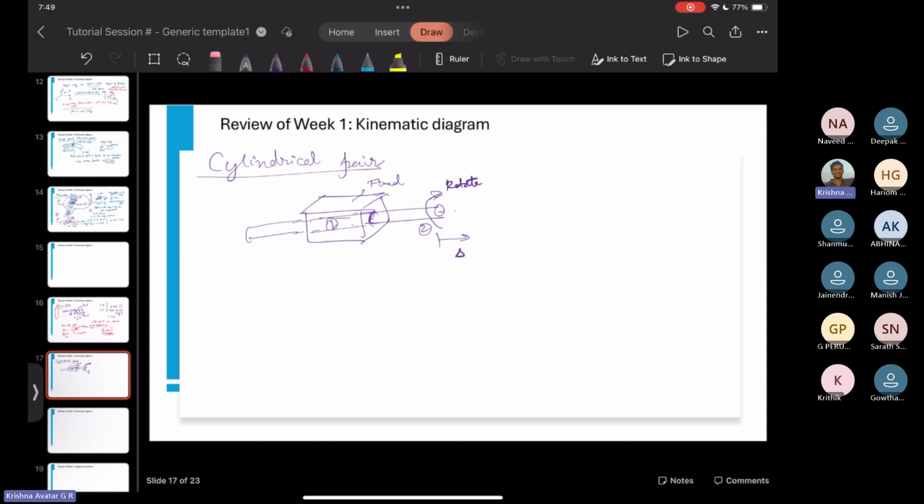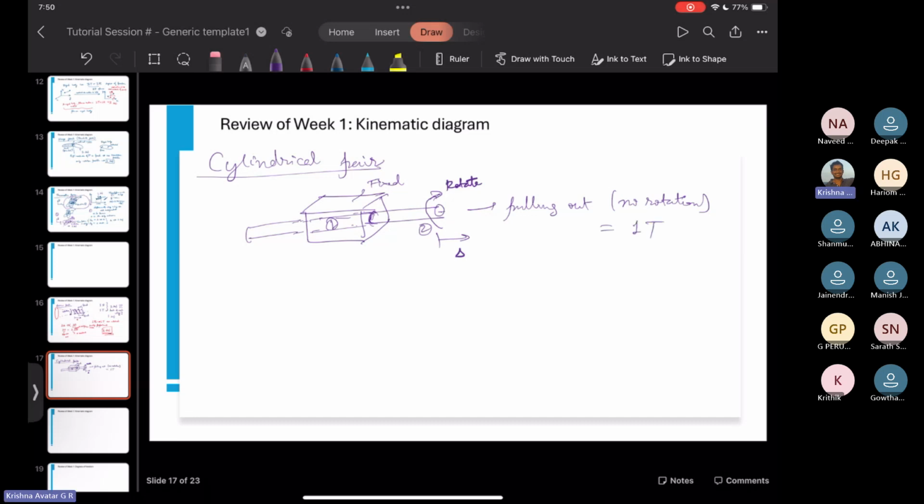You can do as much displacement without rotation. If you simply pull it out, there won't be any rotation. So it's one purely translational motion.